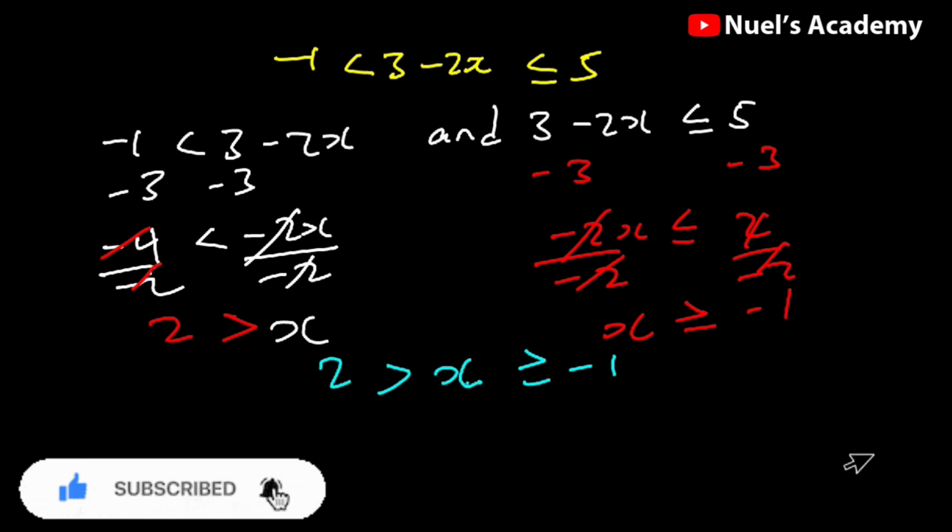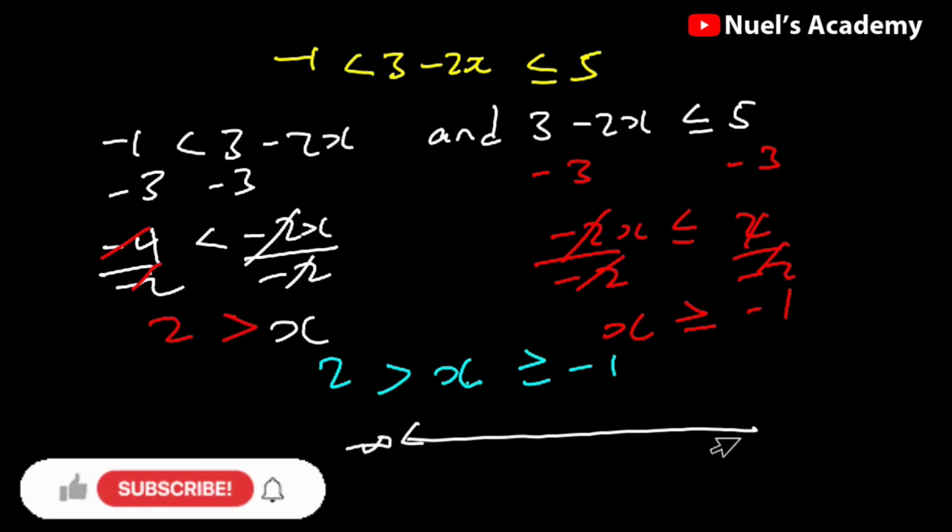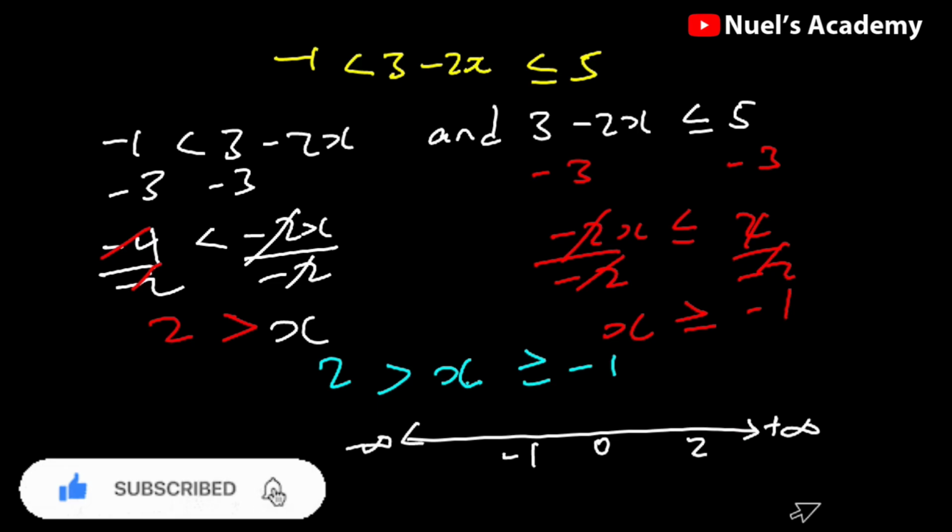So to represent this on a number line, this is our negative infinity, and this is our positive infinity. So we have -1 here, this is 0, and we have 2 here. -1 is associated with a weak inequality, so we're going to represent it with a closed dot or closed circle.